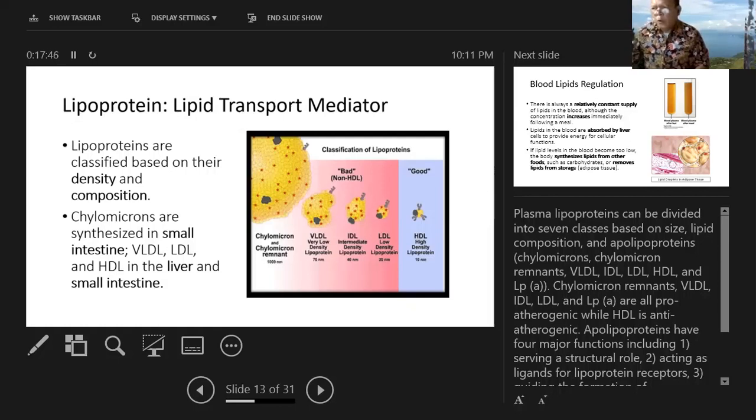So you can see from this figure, this is the classification of the lipoproteins. This is chylomicron and chylomicron remnant, and this VLDL, IDL, LDL, and HDL, almost all made in the liver and small intestine.